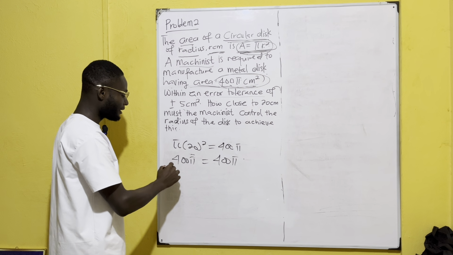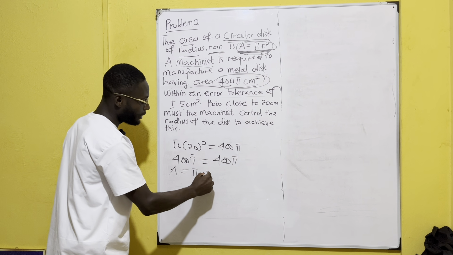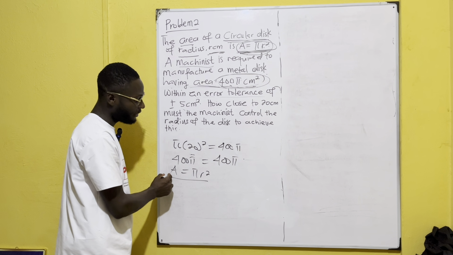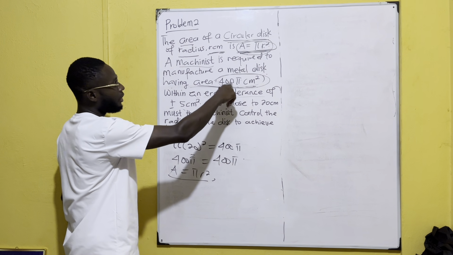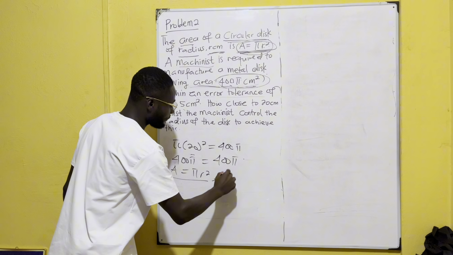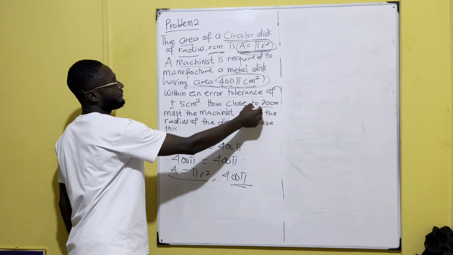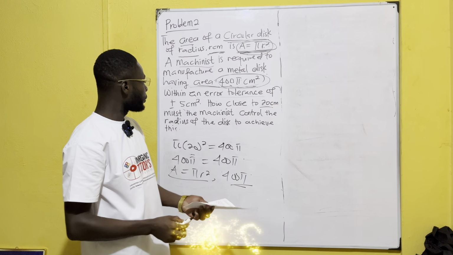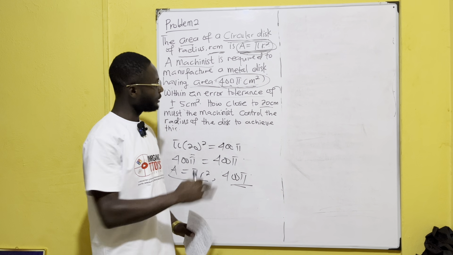So basically it's telling us that the area of the circle that we were given is the same as the area of the metal disc, right? And that was 400 pi. Remember, we were given the radius to be 20 centimeters.